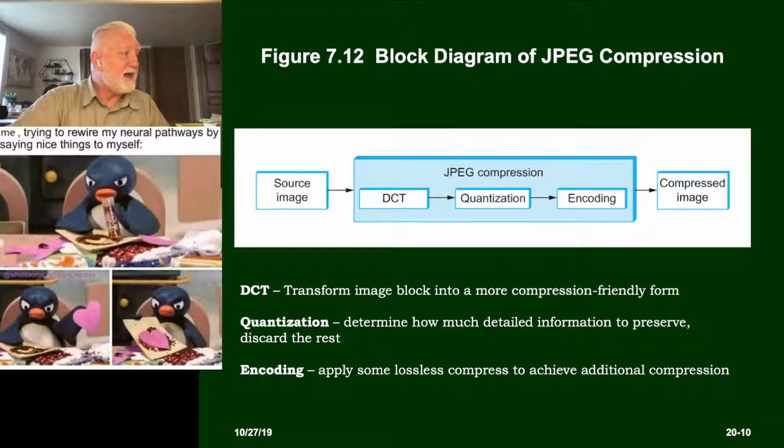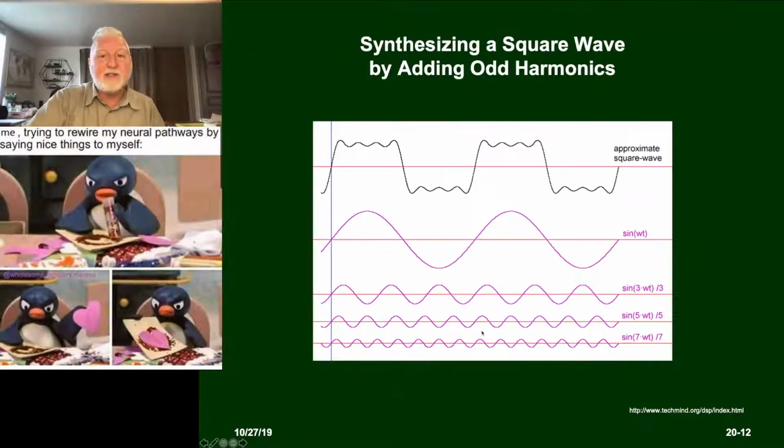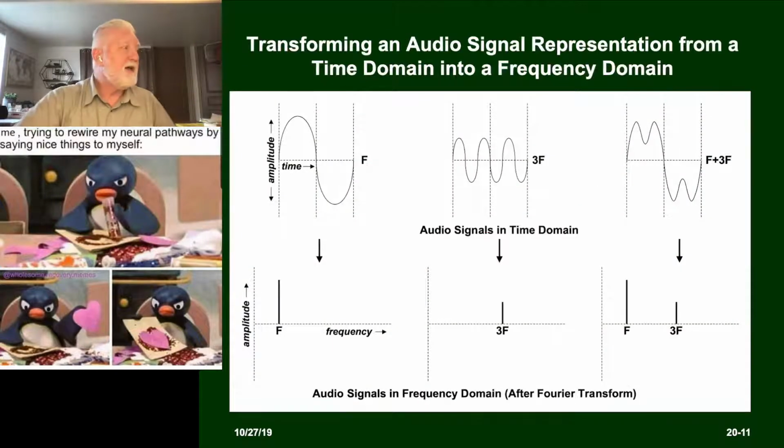The encoding then is to do certain kinds of lossless compression, so I can take my final answer and encode it in a way that I can get that final answer back. I lost information in the quantization phase. That's the bottom line. I've got 2 slides of intense ugliness, and then the homework question, which is actually about LZW, so we're not even going to touch it.